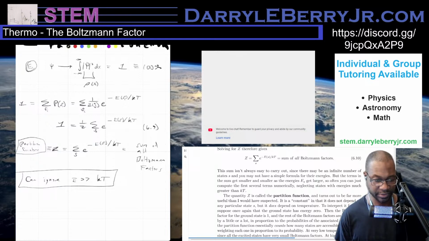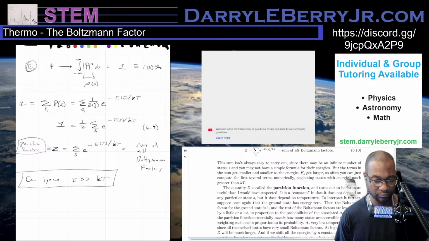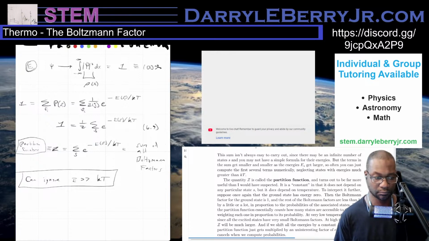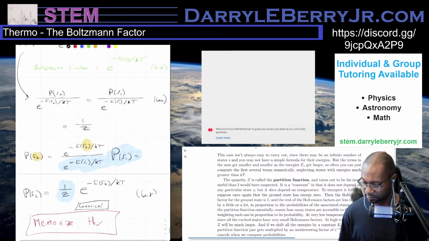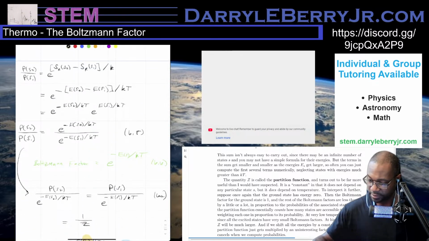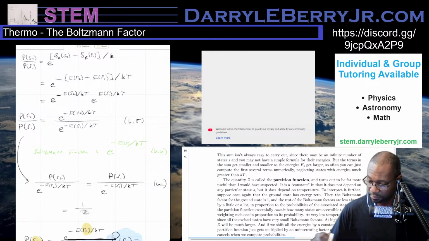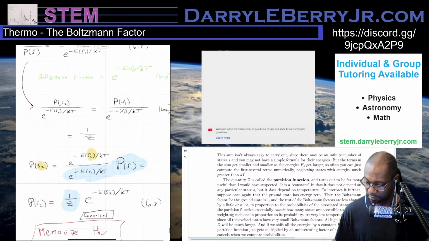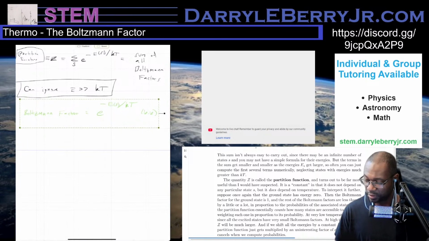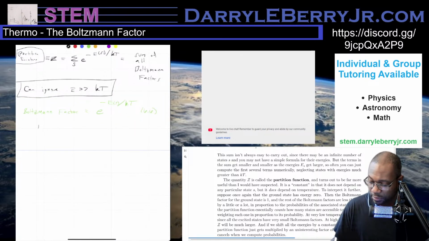To interpret it further, suppose once again that the ground state has energy 0. Then the Boltzmann factor for the ground state is 1. If E equals 0, then the Boltzmann factor equals e to the 0, which equals 1.